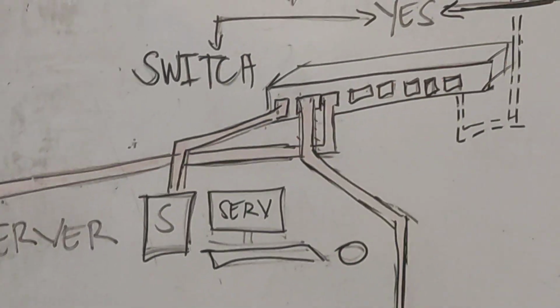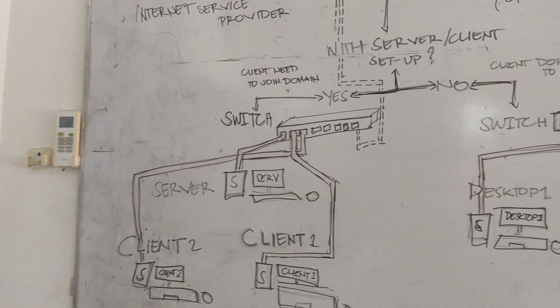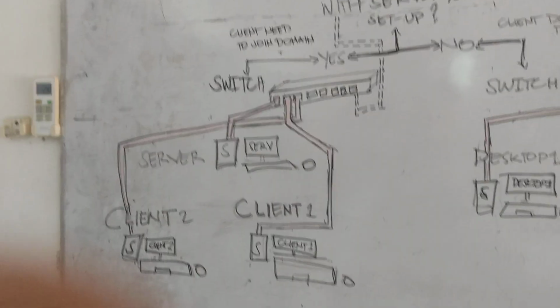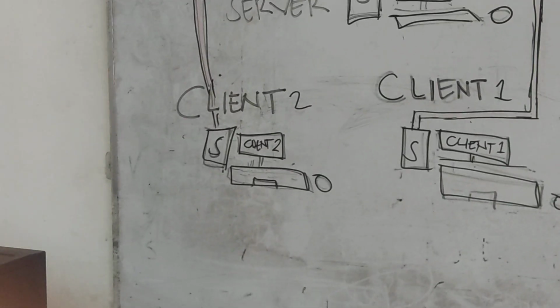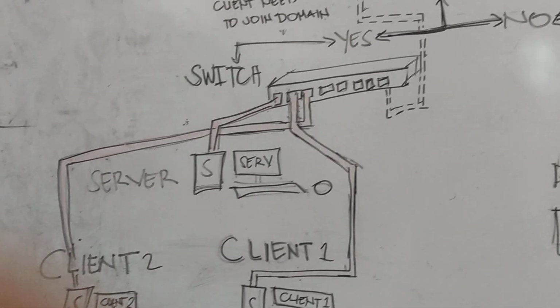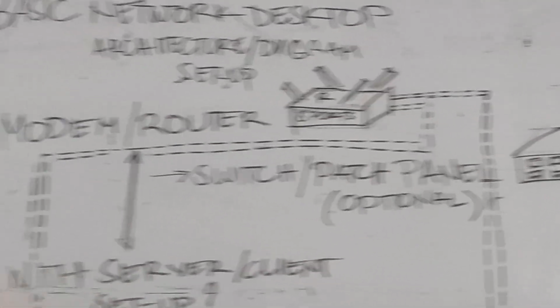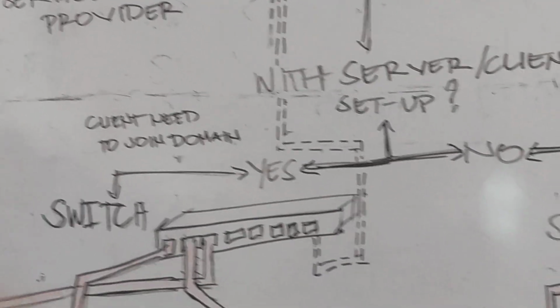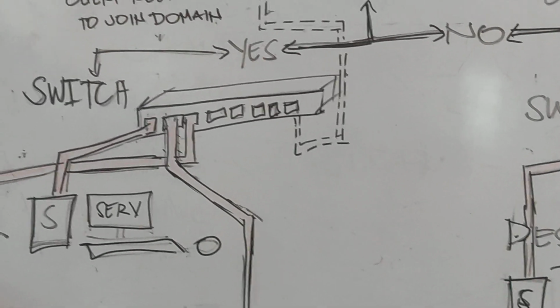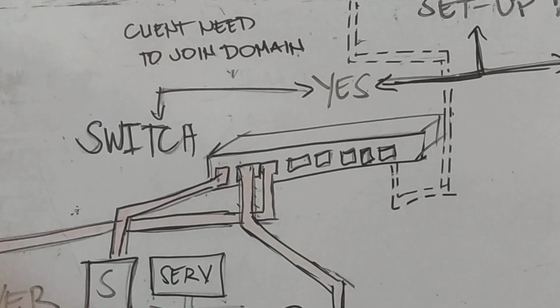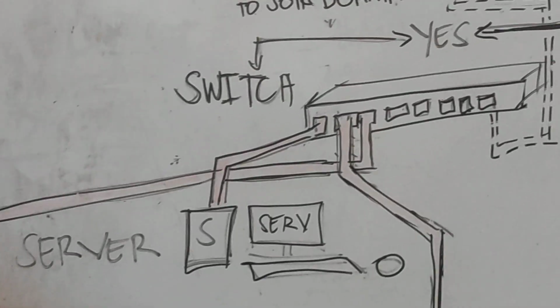internet connection. But if we have a server-client relationship setup, that means we have the server, the client, and the client. Only one connection goes from our router to our switch, and it provides 7 connections.